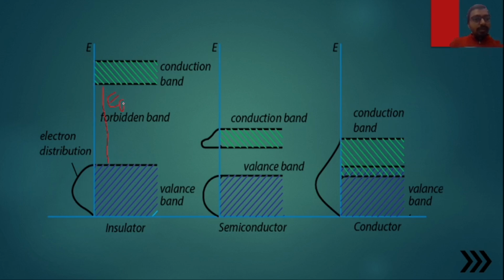This energy gap is very high in the case of the insulator, and it is medium, less than 3 electron volts, in the case of semiconductors. But in conductors, the valence band and conduction band overlap with each other.